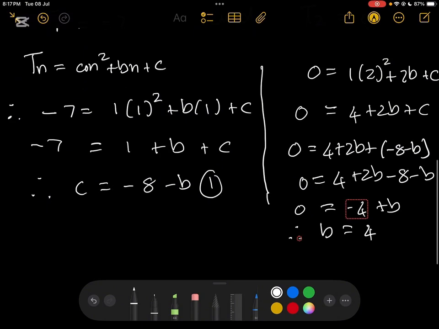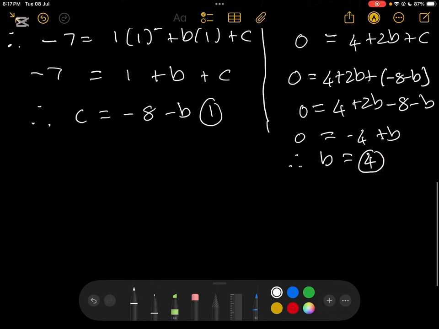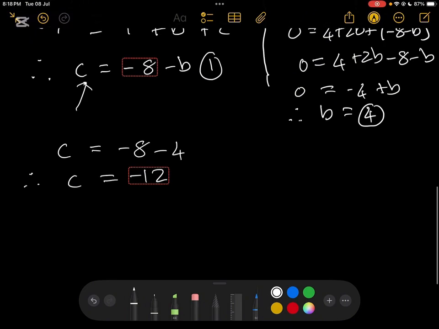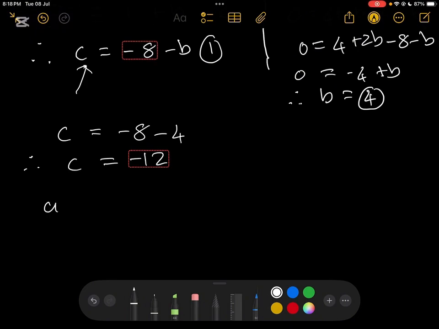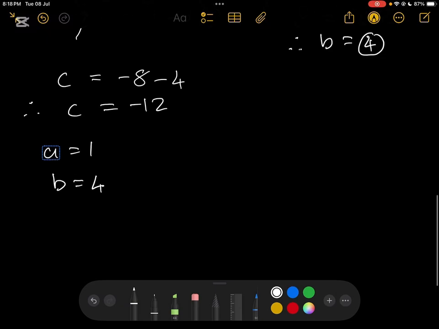So we found b. We know a, which is 1. And now we just substitute in this equation to get c. So we know c is equal to -8 minus b, which is 4. Therefore, c is equal to -12. So we know a is 1, b is 4, and c is equal to -12.